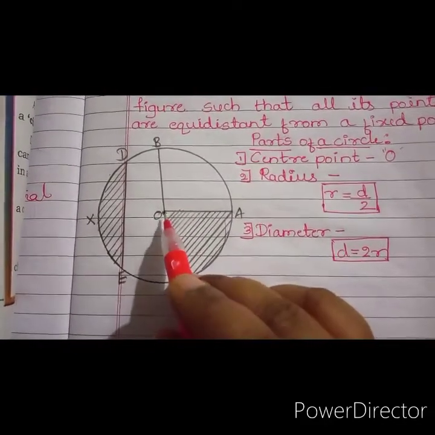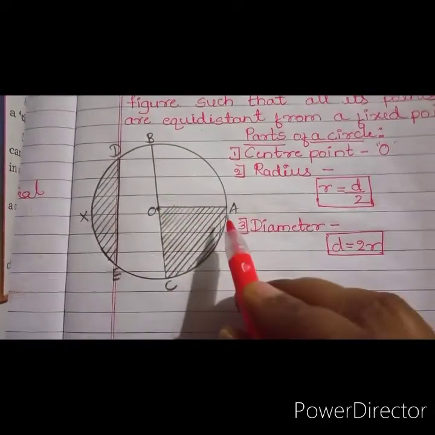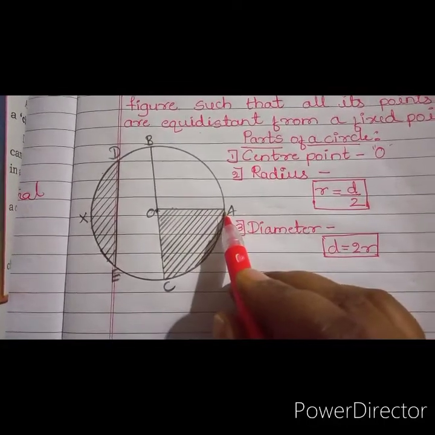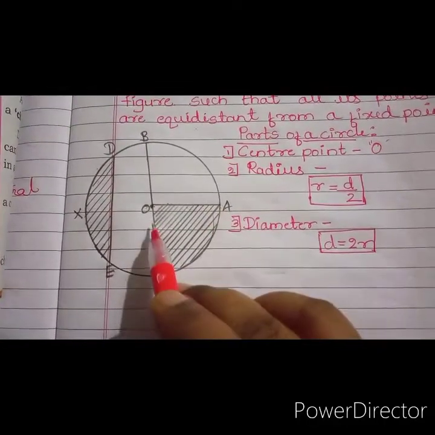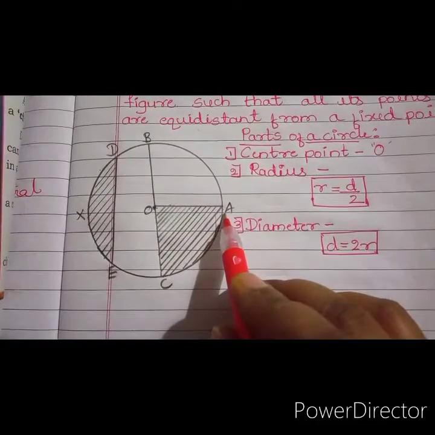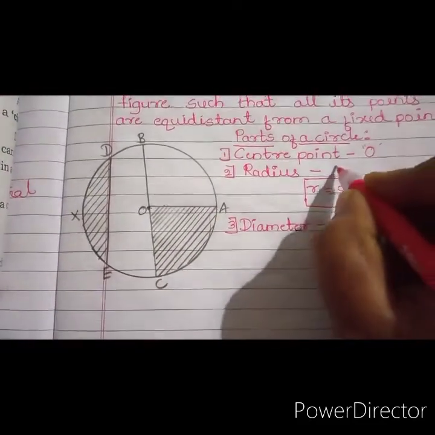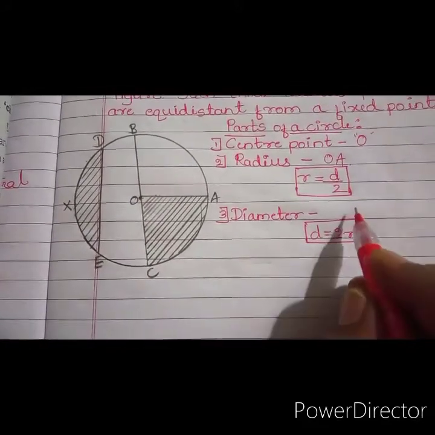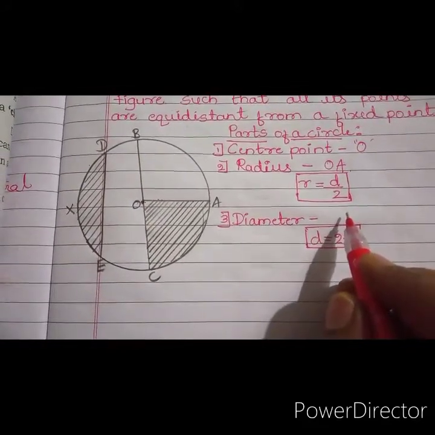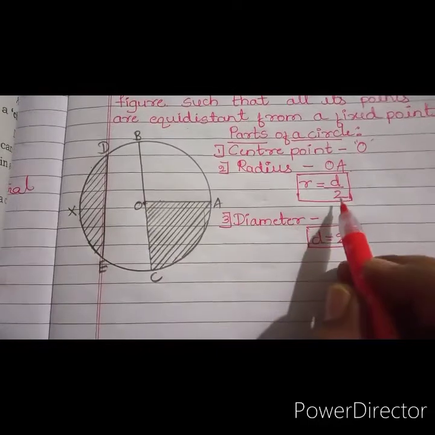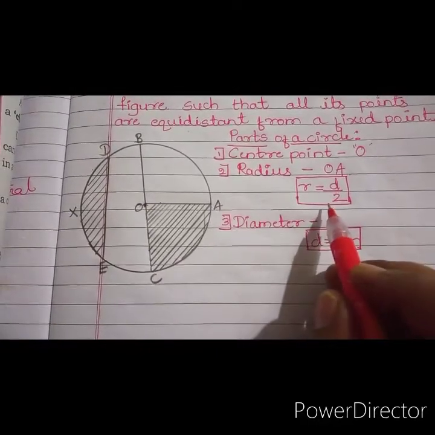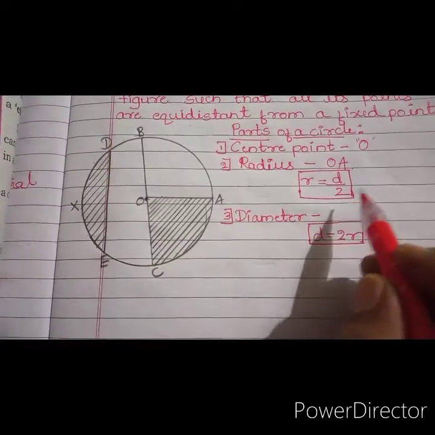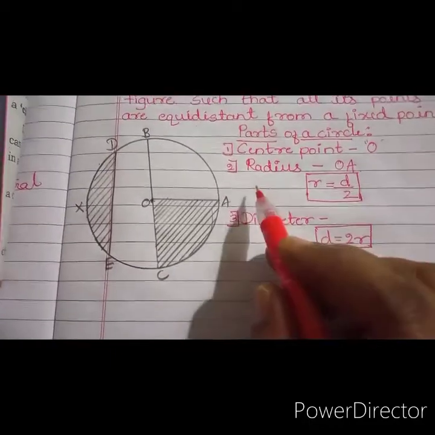So from the figure, OA is called radius of the circle. It is always half of the diameter. So that's why to find radius, R equals D by 2. This one is the formula to find out radius.